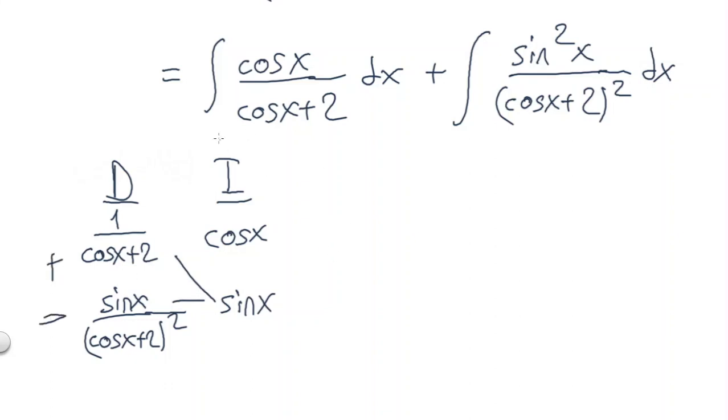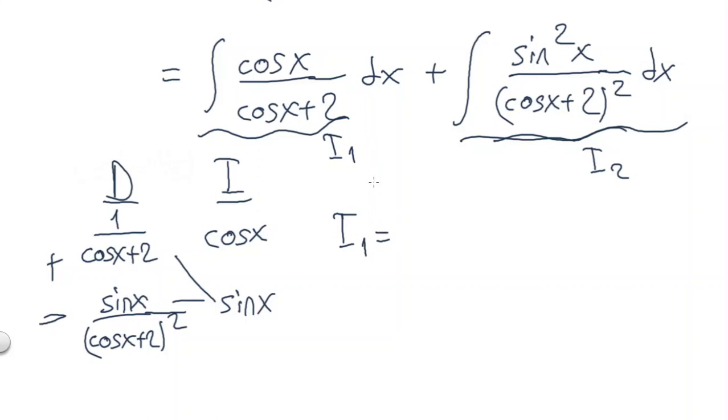So I said this is the first integral, so let's say the whole thing is I1 plus I2. This is my initial integral. And so I find that I1, the first integral, is equal to sine x over, oh sorry, it's 1 over cosine x plus 2, so sine x over cosine x plus 2.